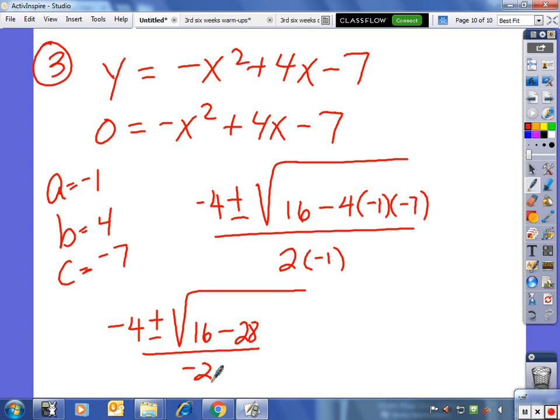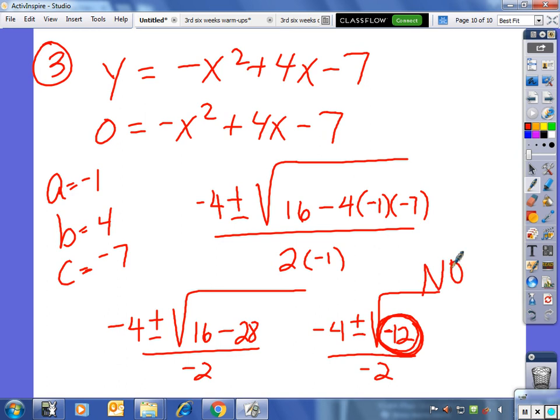What happened on this one? You should have gotten a negative number inside the radical symbol. You should have gotten negative 12 inside the radical symbol. Now, what does it mean if I've got a negative number in this radical symbol? So what are you going to put for your answer for this one?